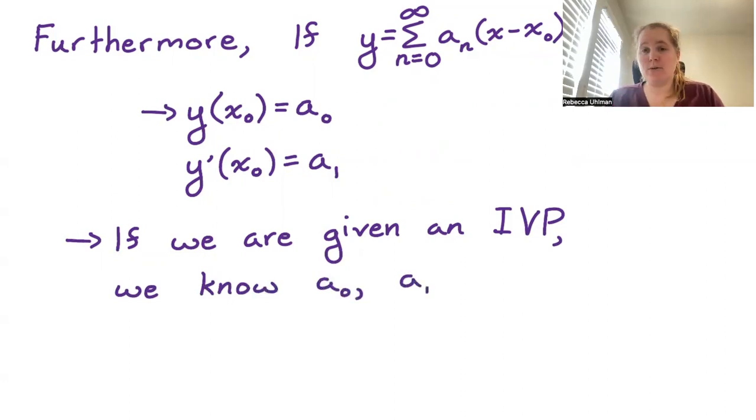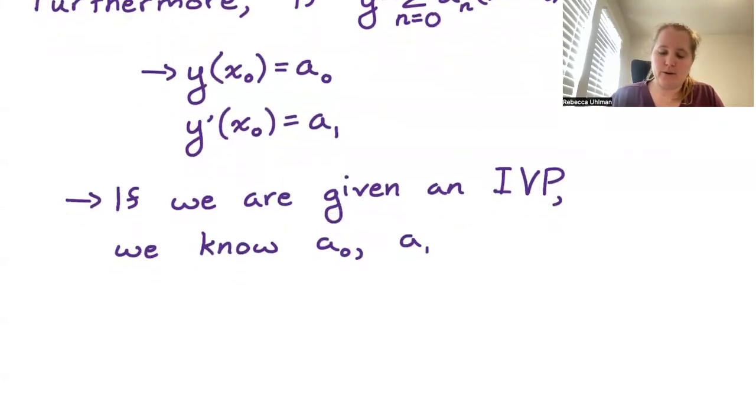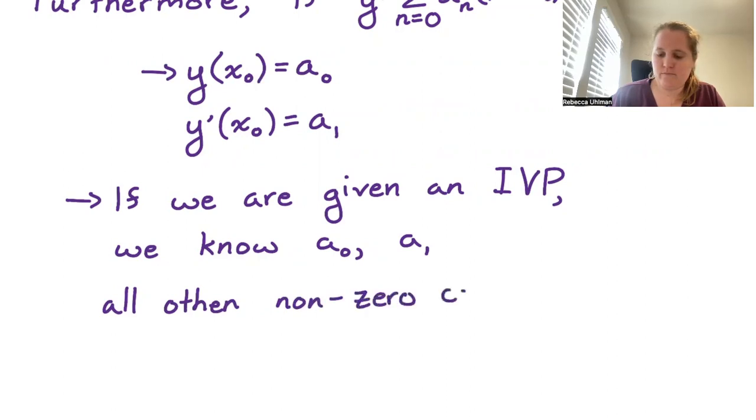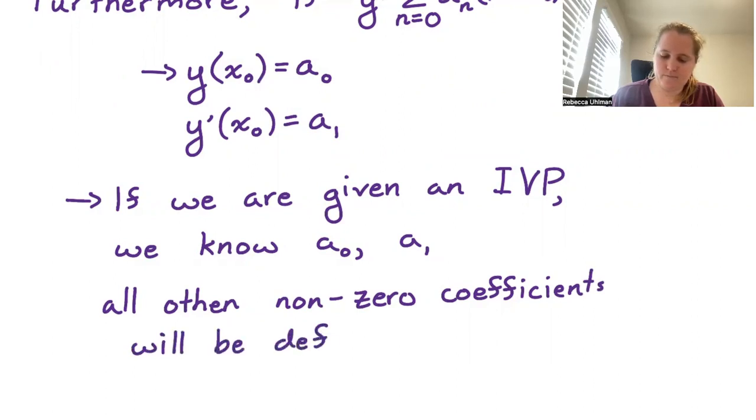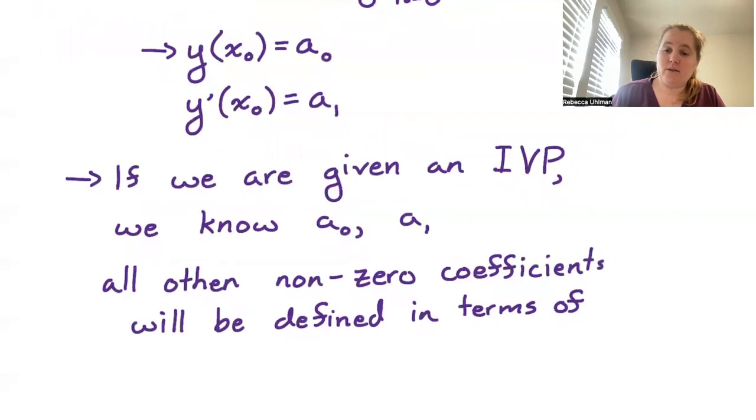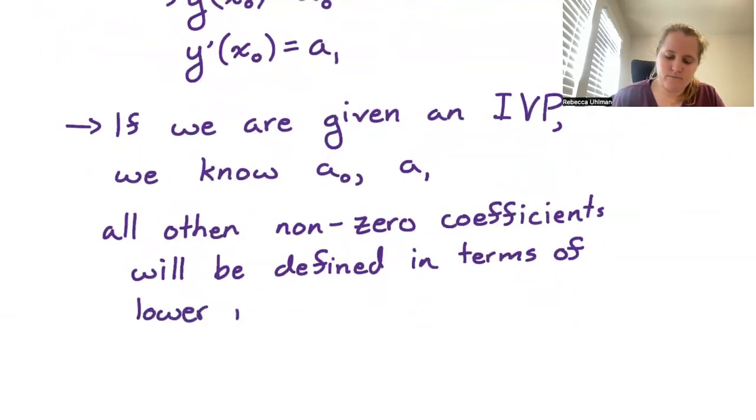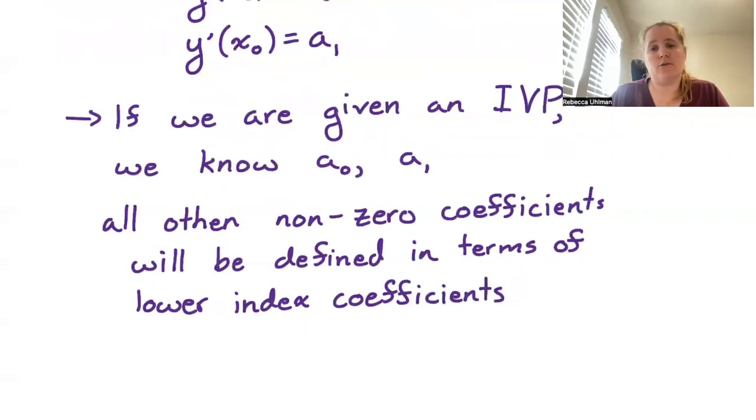And it turns out that all other coefficients will be defined via previous coefficients, in terms of lower index coefficients. And therefore will be defined in terms of a0 and a1.